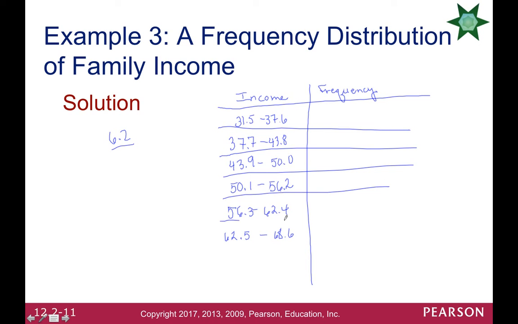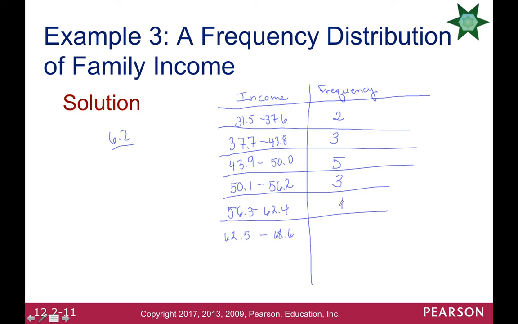All right, so once you have your class width figured out, the next step is to find the frequency. So I look back at that slide where we rearranged the data, and I'll find that 2 of the families fell in the 31.5 to 37.6. 3 of the families fell in the 37.7 to 43.8. 5 of the families fell in the value from 43.9 to 50. 3 of the families fell in from 50.1 to 56.2.